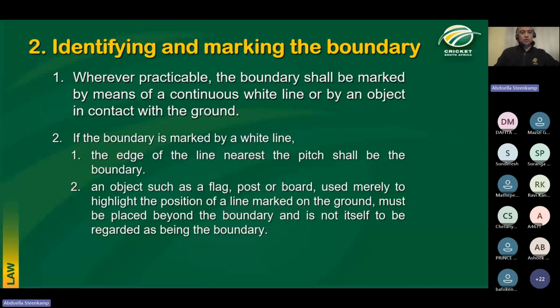If we are going to use flags or posts or boards or cones to mark the boundary, these flags, posts or boards merely highlight the position of the line marked on the ground, and they must be placed beyond the boundary.